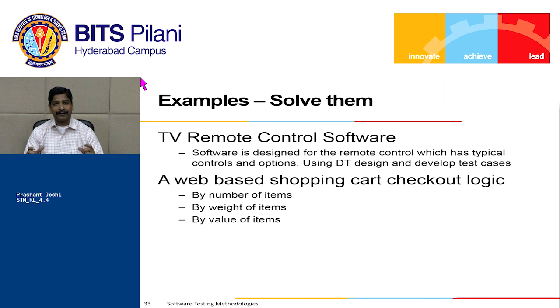If we look at that as our way of solving the problem, how does decision table help us in this case? When we switch on the television, the first thing that we could do is select a channel. So selecting a channel by sequence of keys is one use case.